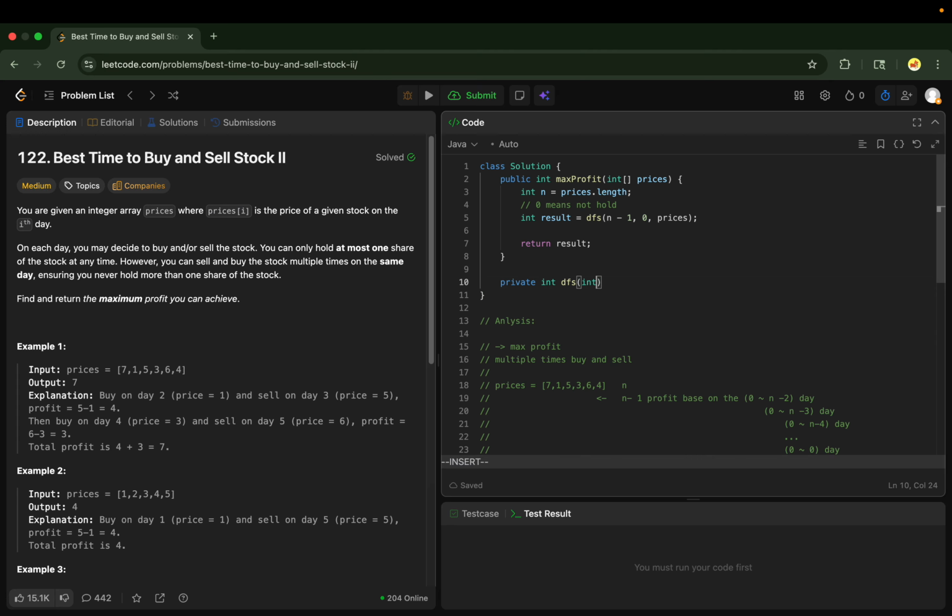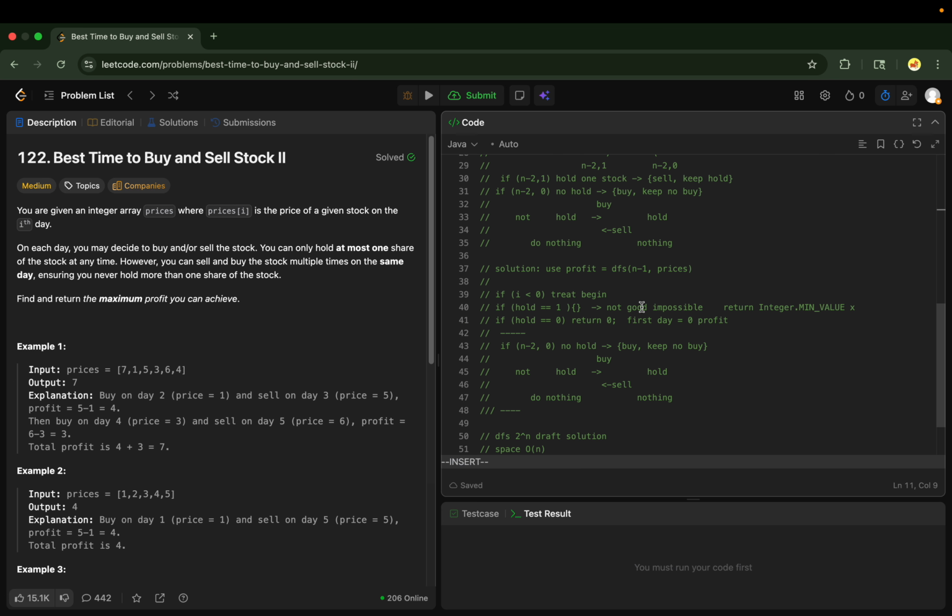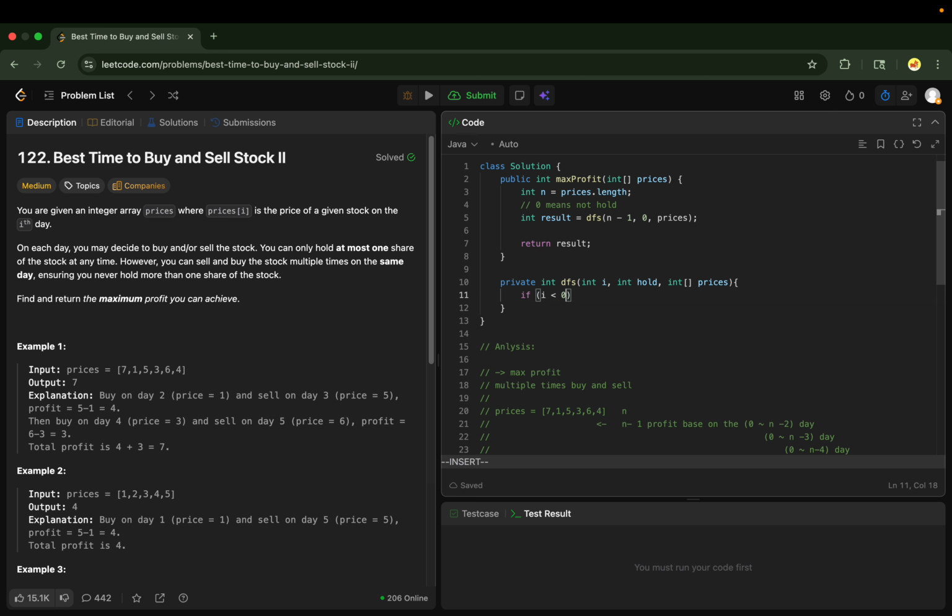int DFS(int i, int hold, int prices). So we can write here. The first is here: if i is smaller than 0, then we have to check, because we start from the last one to assume what happened in the previous one. When we reach here, we have to rule out something impossible.